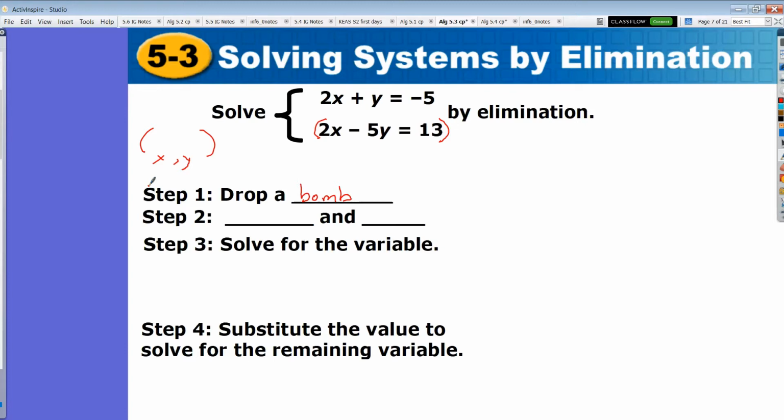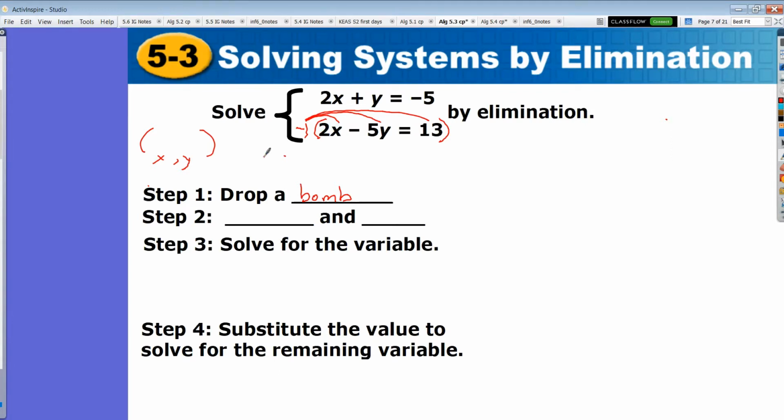Wrap this up in parentheses, and I'm going to drop a -1 bomb right there. I'm going to multiply this entire equation by -1. When I do that, that's going to make this become a -2x.